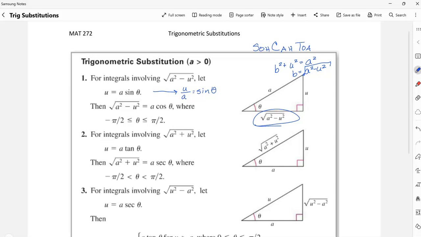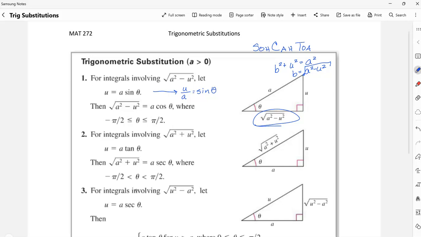Now, because we're dealing with trig functions, and we're talking about dealing with possibly inverse trig functions, we have to put domain restrictions on our theta values. If we're using sine here, inverse sine is defined from negative pi over 2 to pi over 2. So that's where that domain restriction is coming from here. So then where would this guy come from?